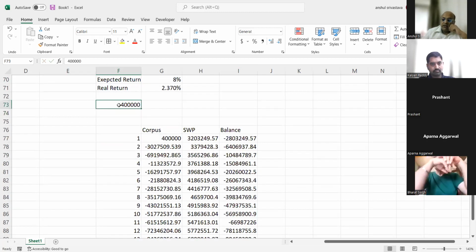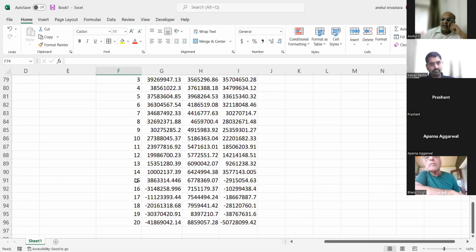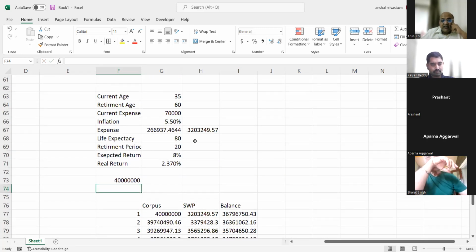If I have 4 crore है मेरे पास मान लीजिए, 1, 2, 3, 4, 5, 6, 7. So my amount will be finished first. 15 years में खत्म हो जाएगा. So what is the reduction in the amount that I should have?